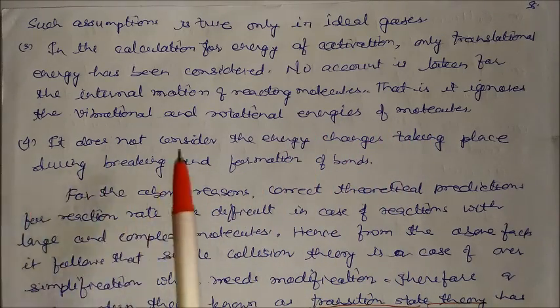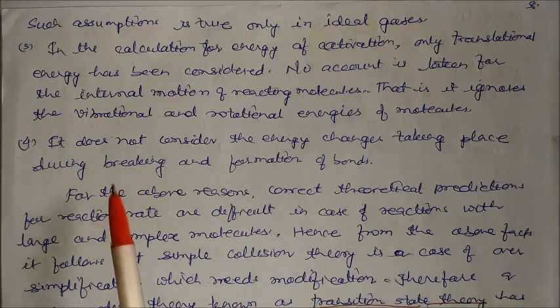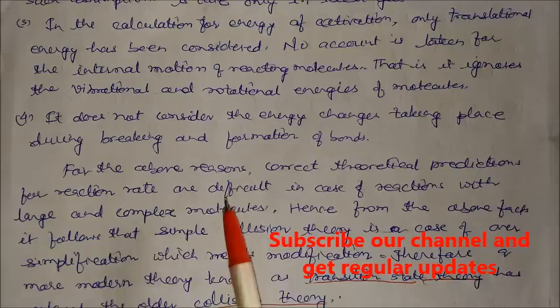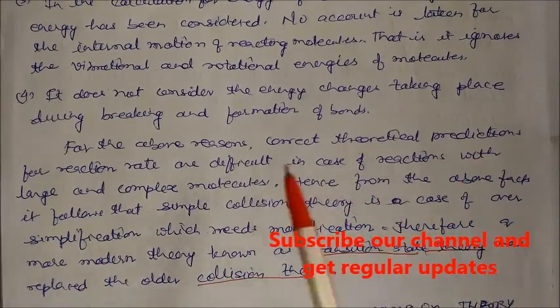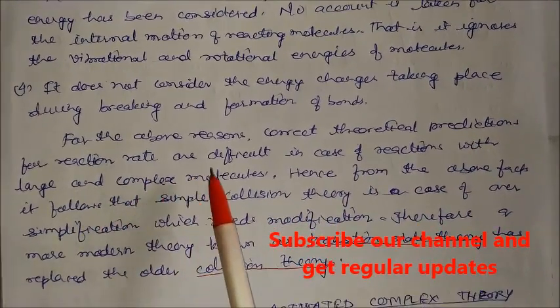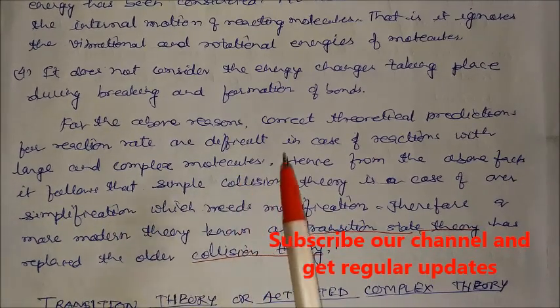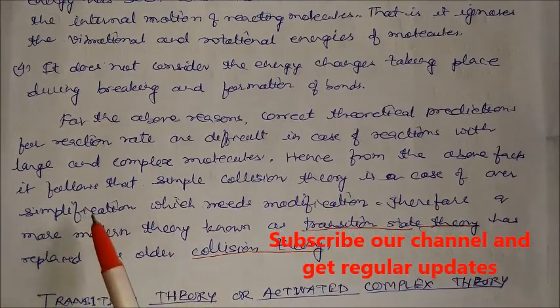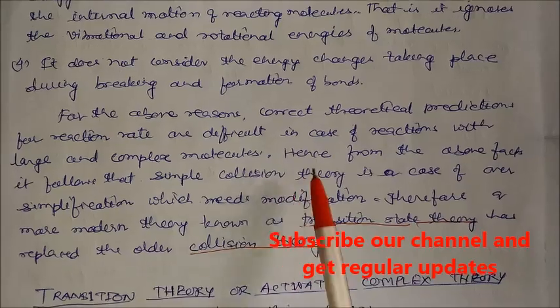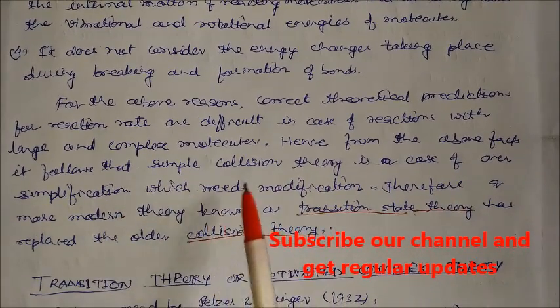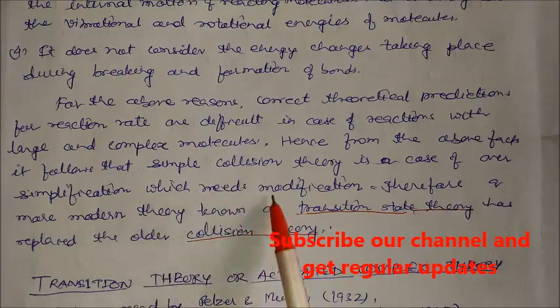Fourth, it does not consider the energy changes that take place during the breaking and formation of bonds. So for the above reasons, correct theoretical predictions for reaction rate are difficult in the case of reactions with large and complex molecules. Hence, it follows that simple collision theory is an oversimplification which needs modification.